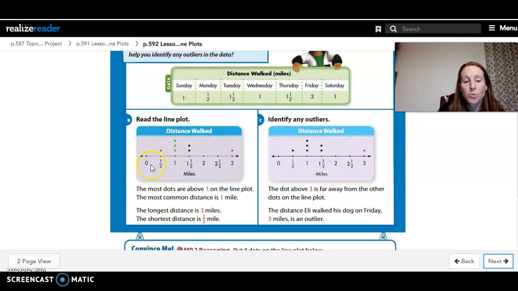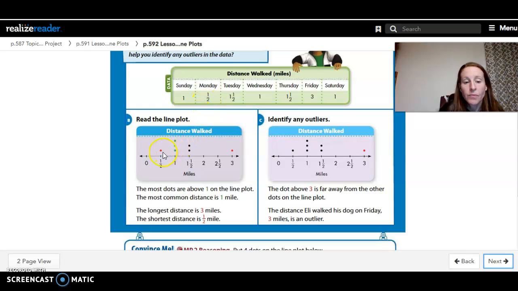So they decided to start with 0. And then what's the longest distance walked? Oh, the highest number here is 3. So that's where my number line has to end. I could go a little longer if I wanted to, but this is all the information they're using right here. Then we start with Sunday, and I see that I have 1 mile on Sunday. Boop. 1 dot above 1 for miles. And then we've got Monday, a 1/2 mile.